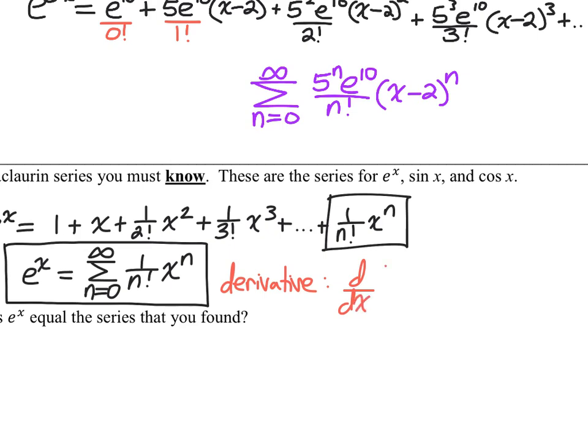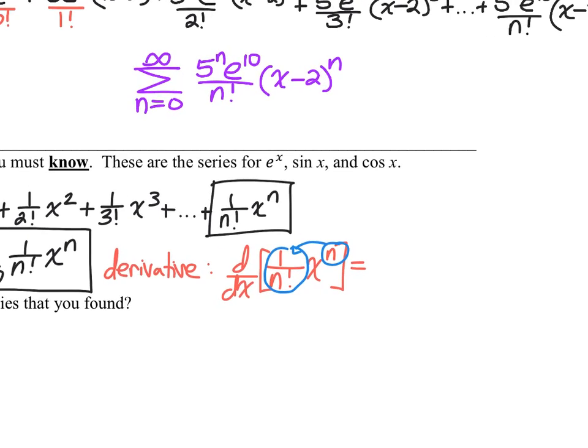I'll say d/dx of 1 over n factorial x to the nth. Multiply your power by your coefficient and reduce the power by 1. So n over n factorial x to the n minus 1.